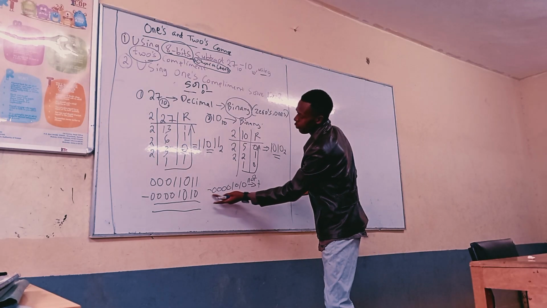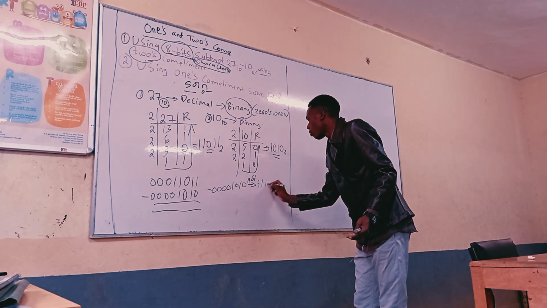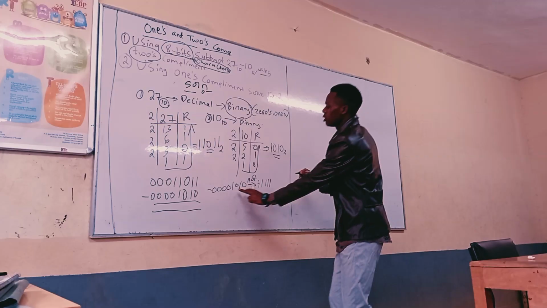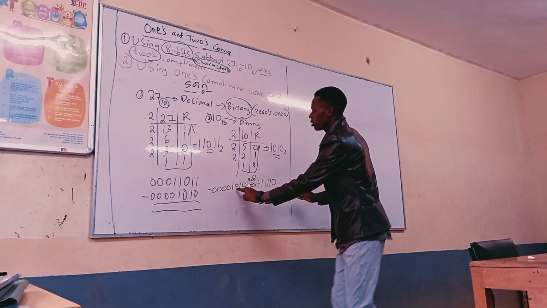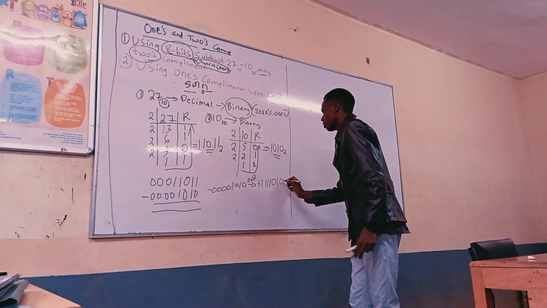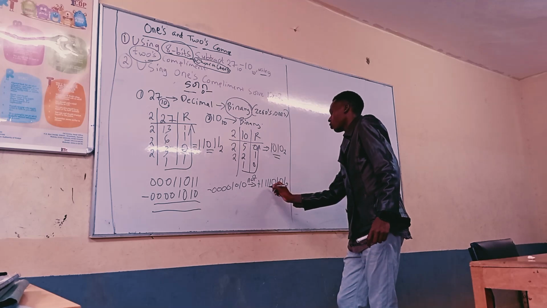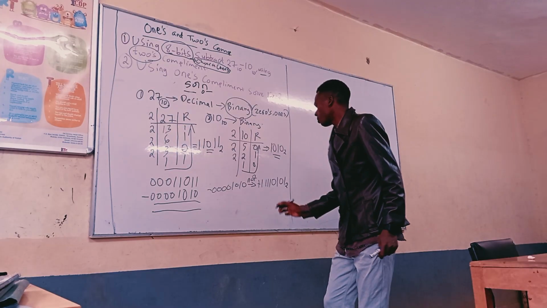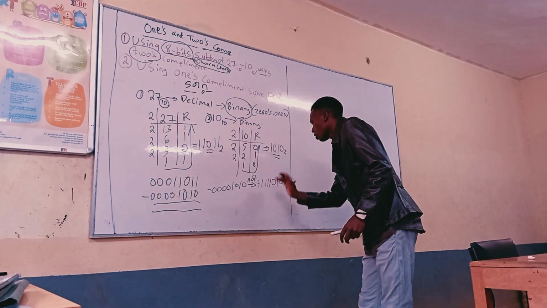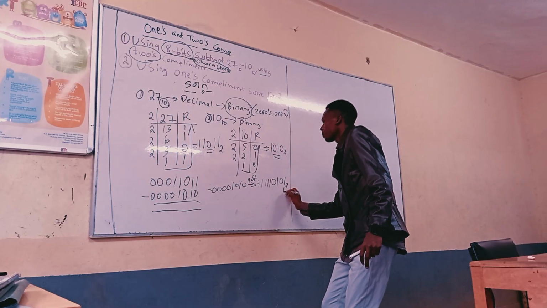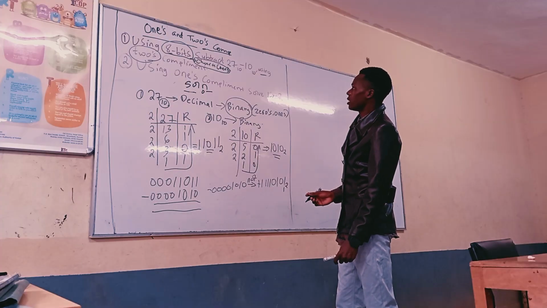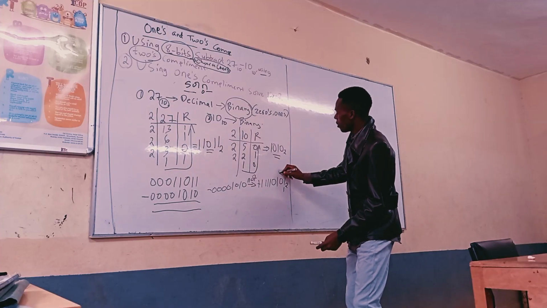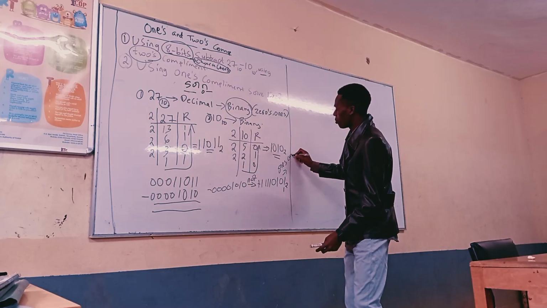So the 4 zeros turn to 4 ones, and this one turns to 0 1 0 1. So this one is the NOT of that one. And then you add the second term, which is below it. This is now the 1's complement.